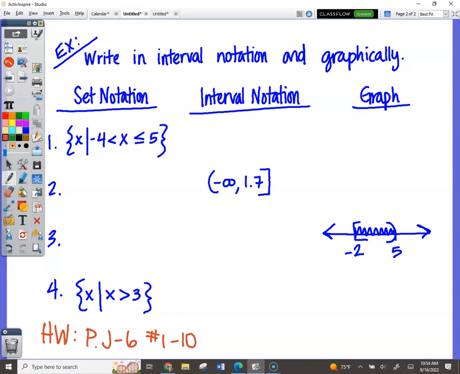Number 2 would be an open interval. So it's going to be like this. And it's going what direction? Yeah, so then you're going to shade.